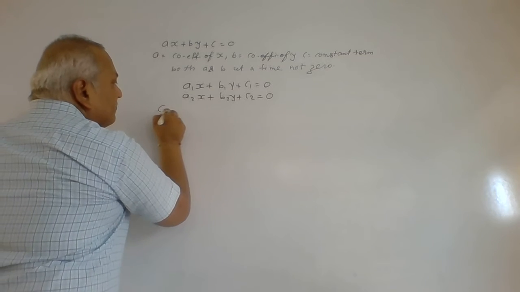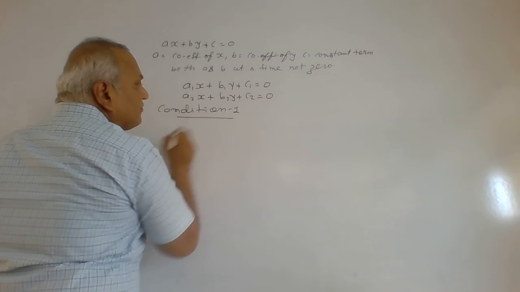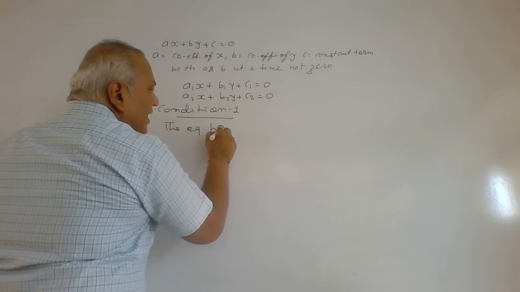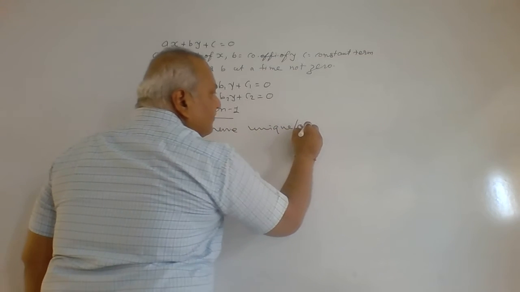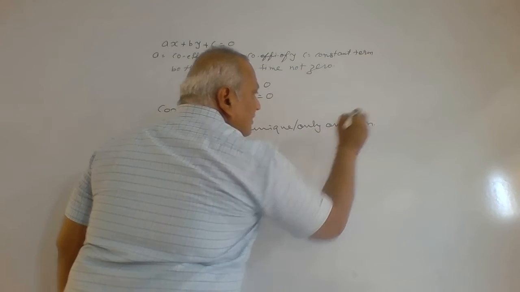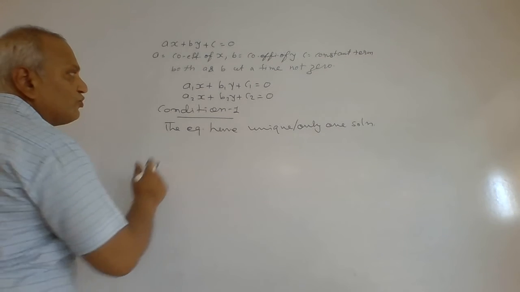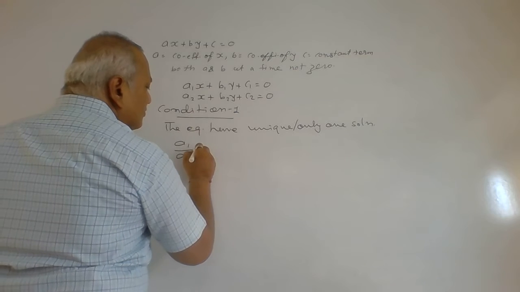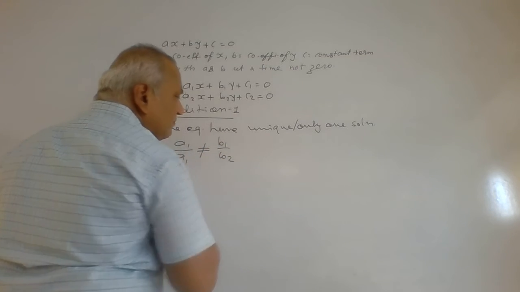Now condition number 1: the equations have a unique, matlab only one, solution. For that, a1 upon a2 is not equal to b1 upon b2.